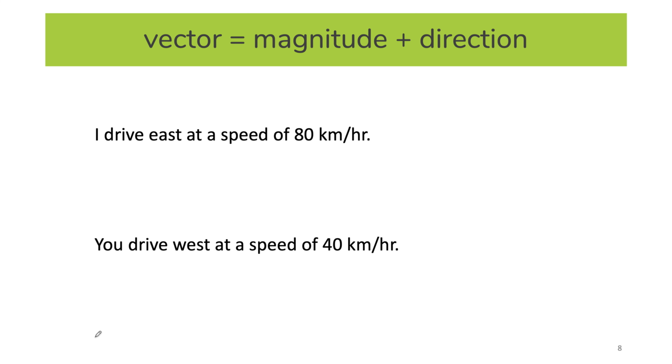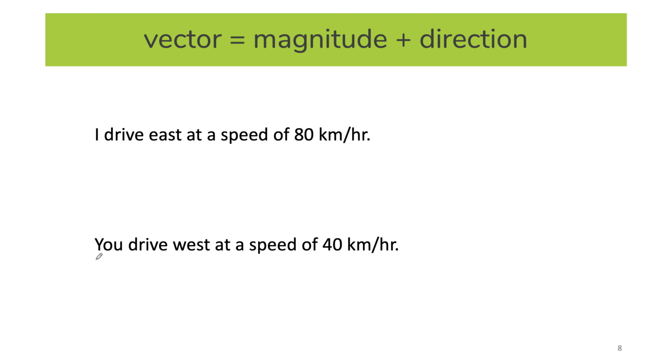Let's take a look at how we are going to draw an arrow to represent a vector. We know that a vector is composed of a magnitude and direction to convey complete information. I have two statements for you. The first one is, I drive east at the speed of 80 km per hour.